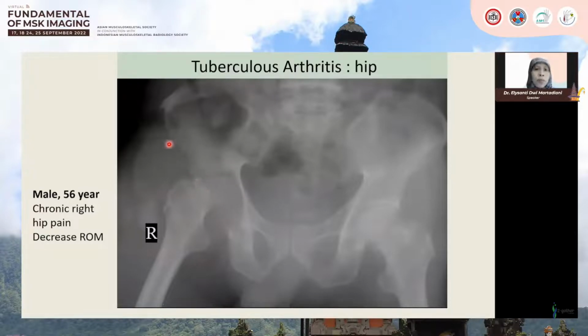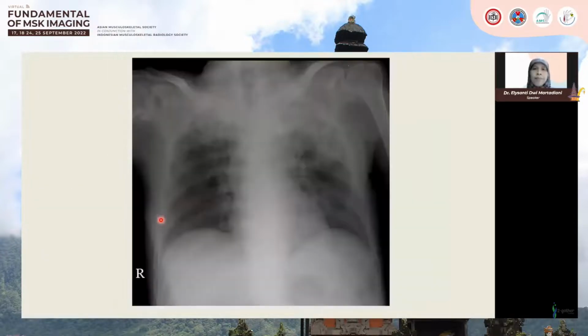We can see also soft tissue swelling surrounding the right hip and calcification within the swollen soft tissue. This characteristic is similar to tuberculous arthritis. When we confirm with chest radiograph, we can see that there is a tuberculous process in the right and left lung.